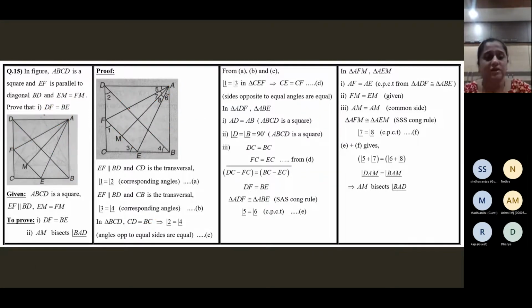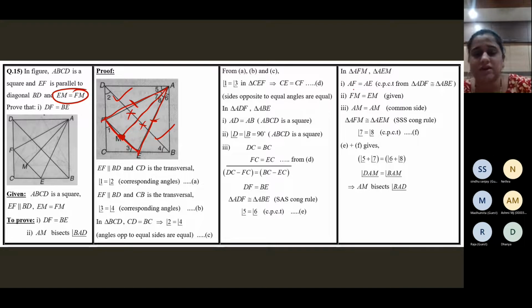In these two triangles, AM is the common side. AF of this triangle is equal to AE of this triangle because we proved that these two triangles are congruent. So by CPCT, we have this side is equal to this side. And then we already know that EM is equal to FM. EM of this triangle is equal to FM of this triangle. So SSS.